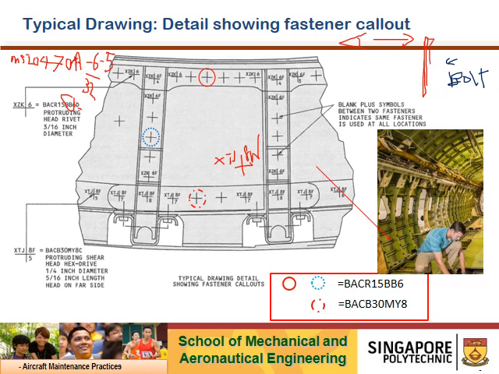Then I use another color again, easier for you to understand. Then the nut will be tightened here. So the nut will be here. The bolt head itself will be at the far side.